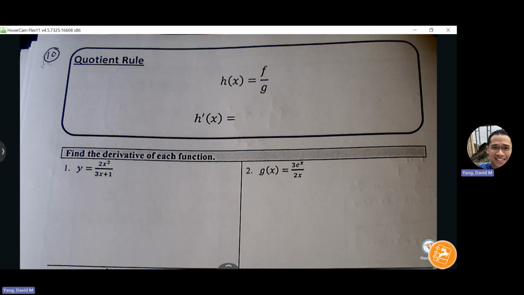Would it be -5 times 2? Oh, this part right here? G prime of -5.